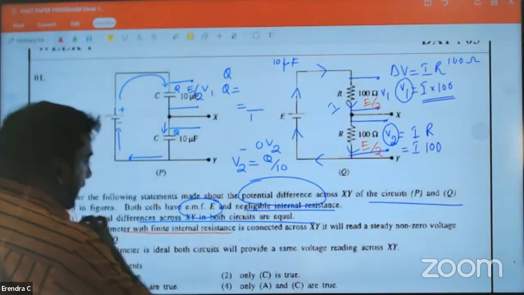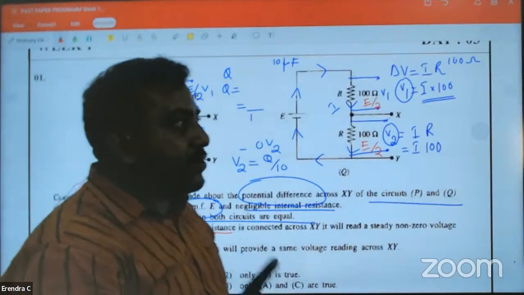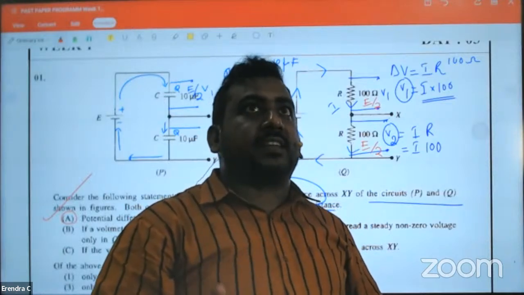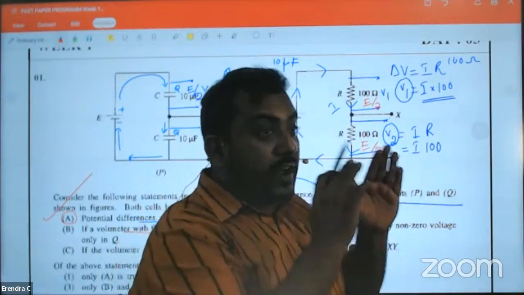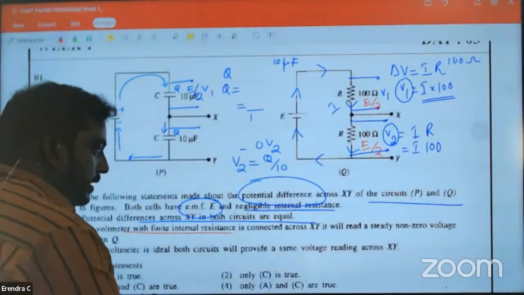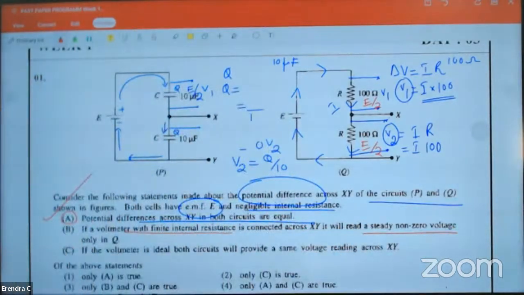Voltmeter with finite internal resistance. Yesterday, can you remember I told you? If in the voltmeter there is no finite resistance, there is nothing through. It will be a steady non-zero voltage only in Q.